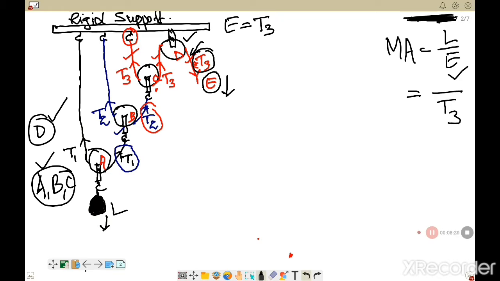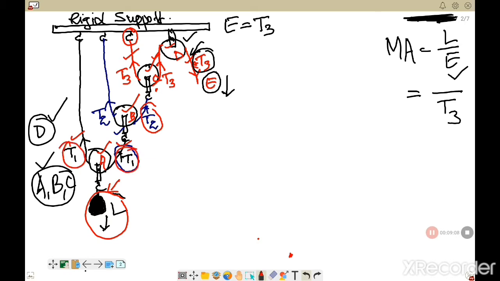But we do not have load here, right? So now we must find the load. If I come down here, this load L is balanced by pulley A, which in turn is balanced by pulley B, which is balanced by pulley C, and pulley C is in turn balanced by pulley D. So first let us begin from the lowermost, that is pulley A. The load attached to pulley A is balanced by two tensional forces acting on the two segments of the string, that is T1 and T1.